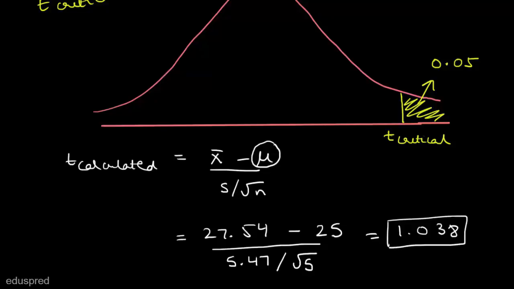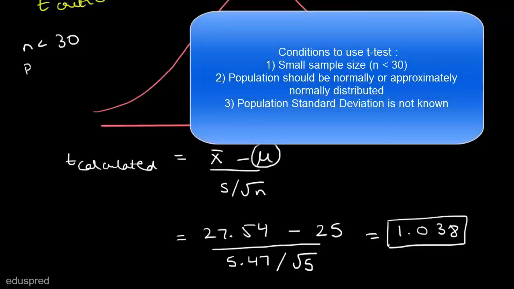Now there is one important thing that you should always keep in mind, that we are using t-test in this case because the sample size is small and the population is normal. So we are given in the question that the population is normally distributed. Say for example, if you encounter a question in which the population is not normally distributed and your n is less than 30, in those cases you cannot use t-test.